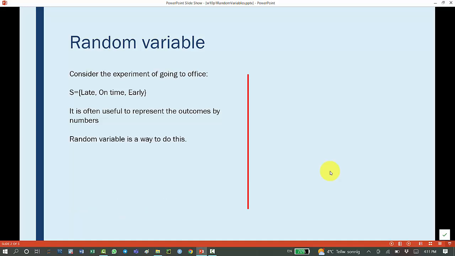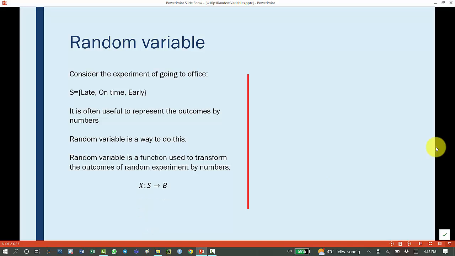In such cases, we use a methodology called random variable to transform the outcomes of the experiment into numbers.